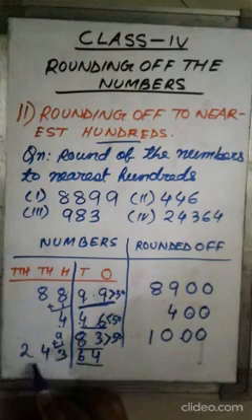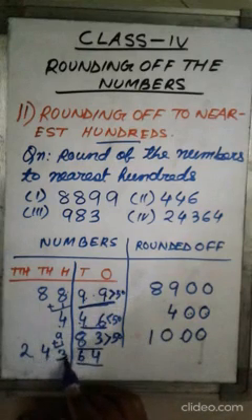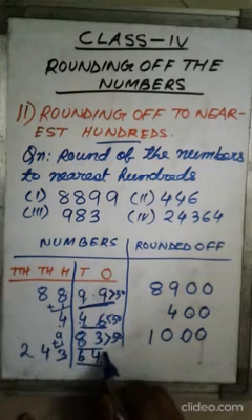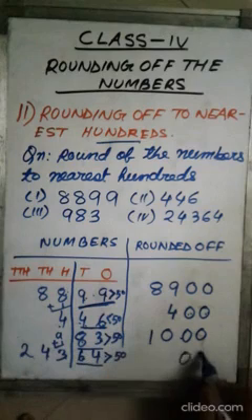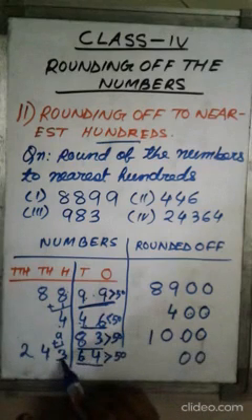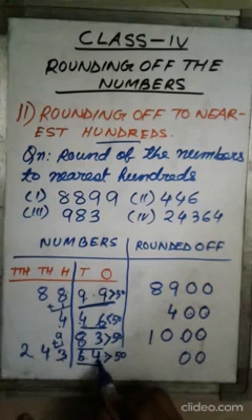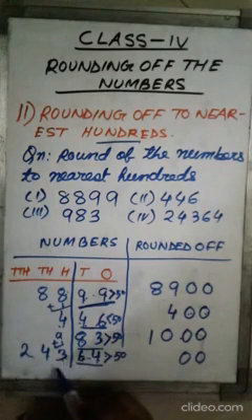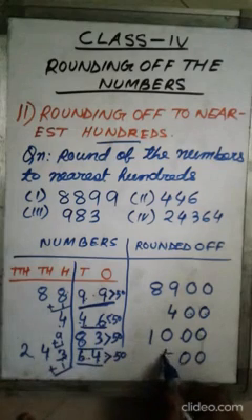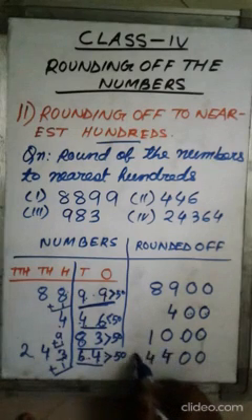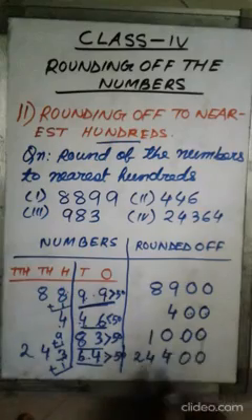For the next number, 24364, 64 is greater than 50, so again I have to write 00. As it is greater than 50, this hundreds place digit 3 will be added to 1, so this is 4, 4 and 2.